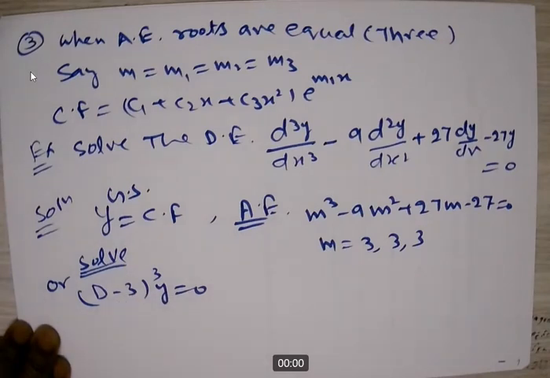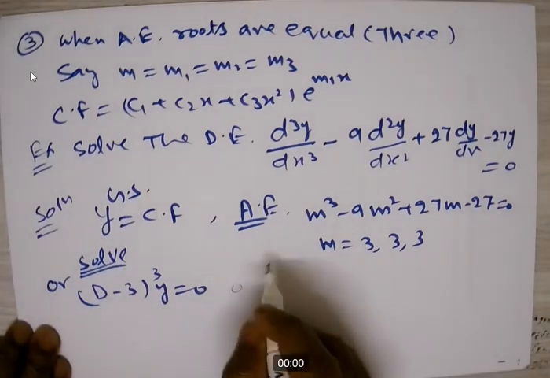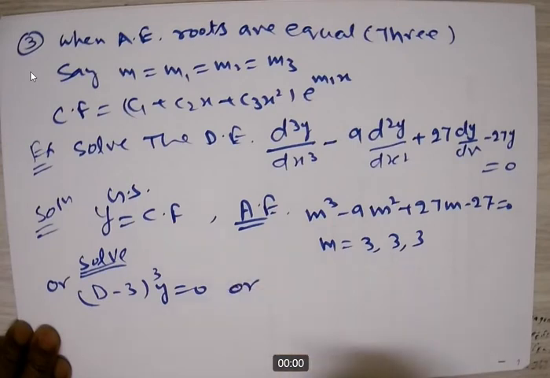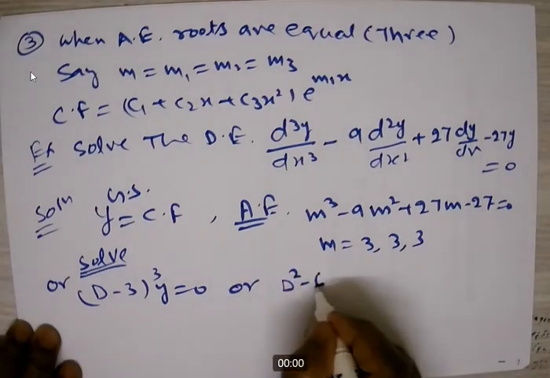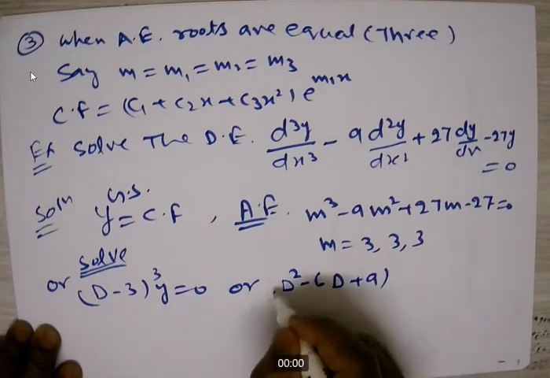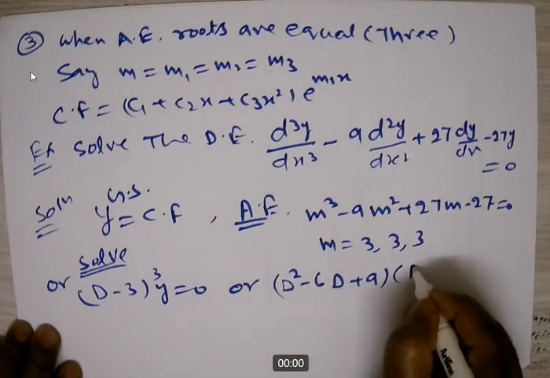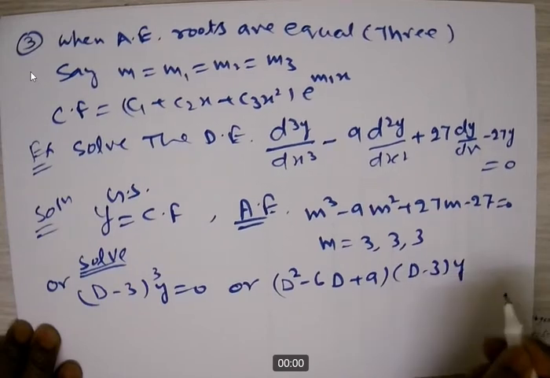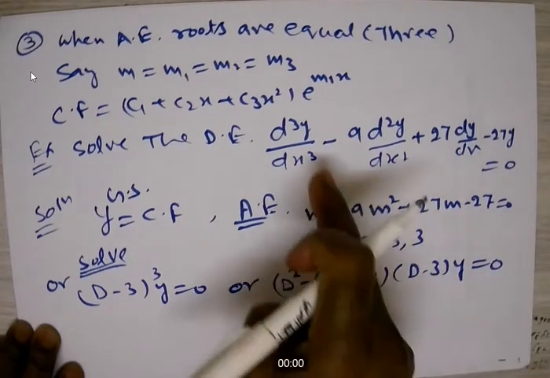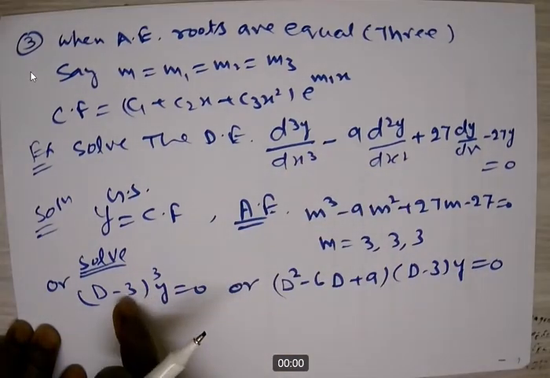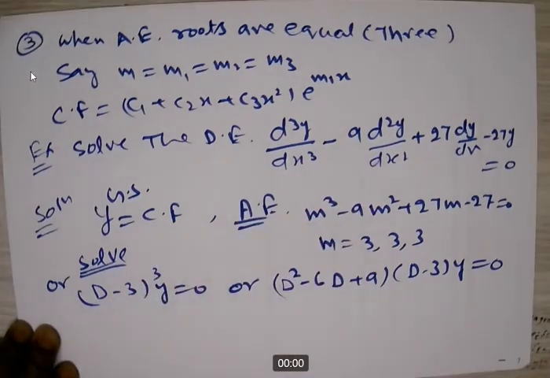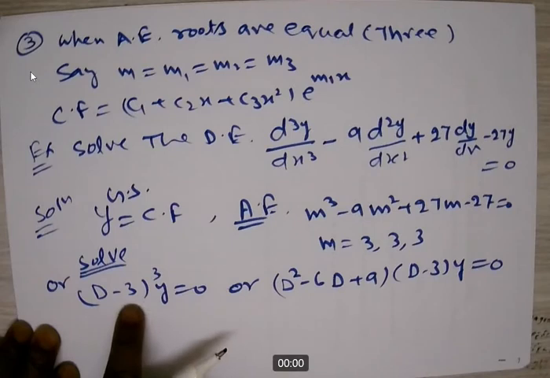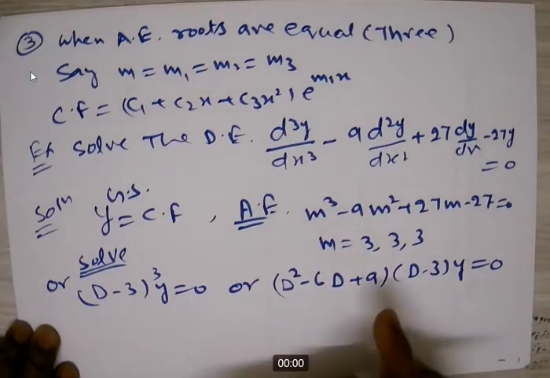Or maybe for your understanding, solve (D square minus 6D plus 9) into (D minus 3) into y equal to 0. All are equal forms. That means this one is also this one is also this one. So when you solve it, you get the same result.